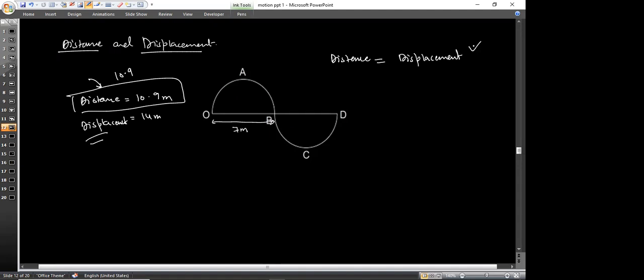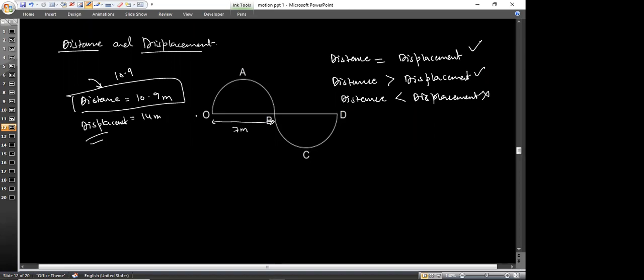It is possible. Distance can be greater than displacement. It is also possible. But distance shorter than displacement is impossible. Okay, beta, it is not possible.